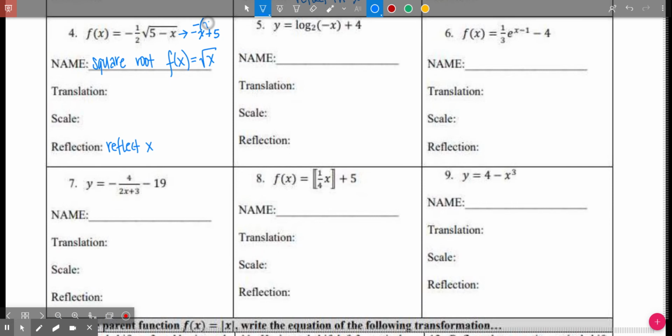So this is -x minus 5. So I have not just reflected in x, I have also reflected in y, because inside my radical is a negative multiplier. I have a vertical shrink by a factor of 1/2, and I have shifted right 5 units because of my -5.